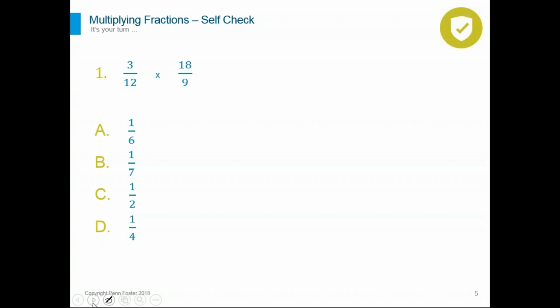In about a minute or so, I'm going to change my screen to give you the same question with the same answer choices, but this time you are able to actually submit your answer. So you can get a piece of paper, a pen, or a pencil and write down the problem. Try to follow closely the steps that we had followed so far for multiplying two fractions.